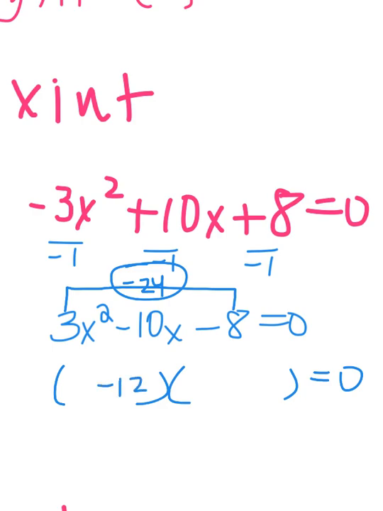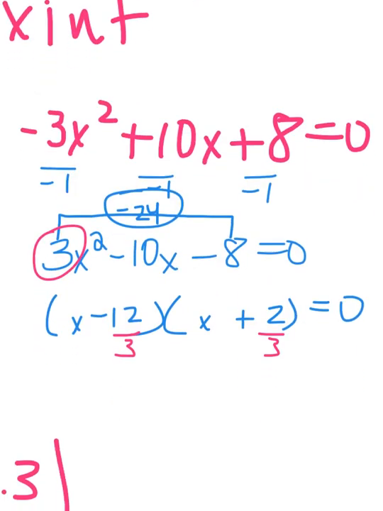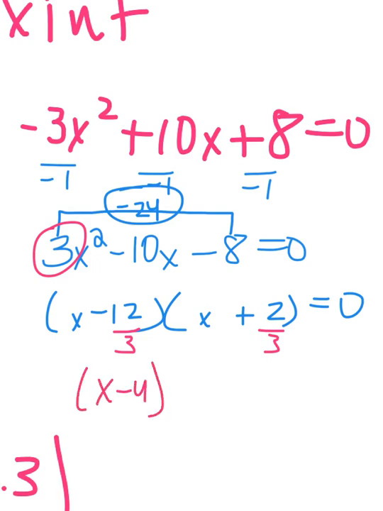Negative 12 and positive 2. Right? Because a negative and a positive when you multiply is negative, but when you add negative 12 and positive 2, you get negative 10. So x and x. Guys, do I just leave it like that? What do I do with the 3? Good. Put the 3 underneath. So this becomes x minus 4 and 3x plus 2.